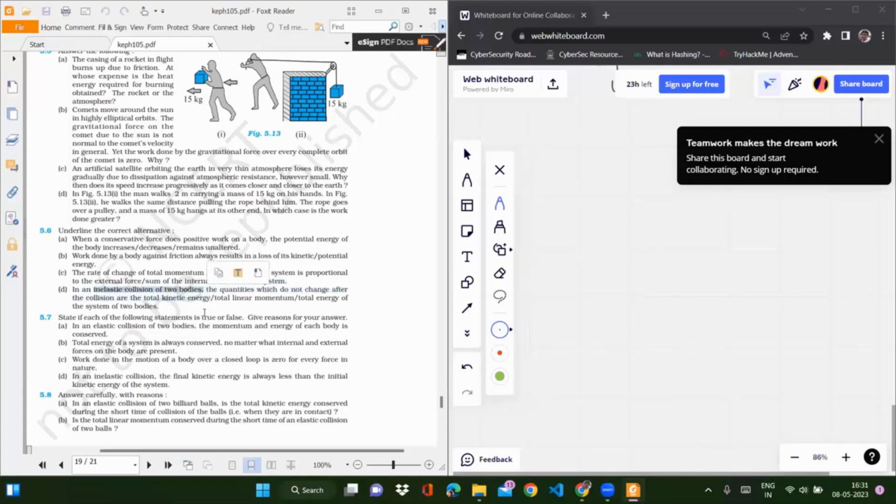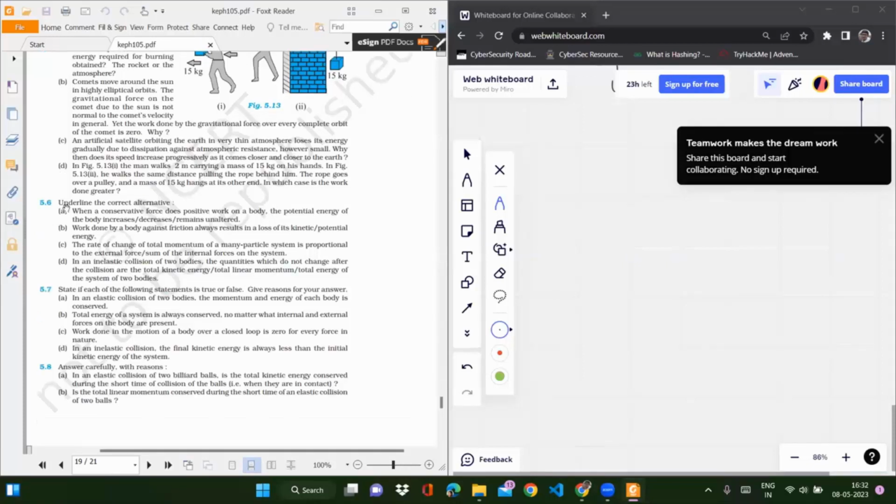And in that deformation, some of the energy will be lost. So the total kinetic energy or the total energy will not be conserved. But for any kind of collision, may it be inelastic or elastic, one thing which we must remember is that the total linear momentum of the two bodies will remain constant. So this was question 5.6.